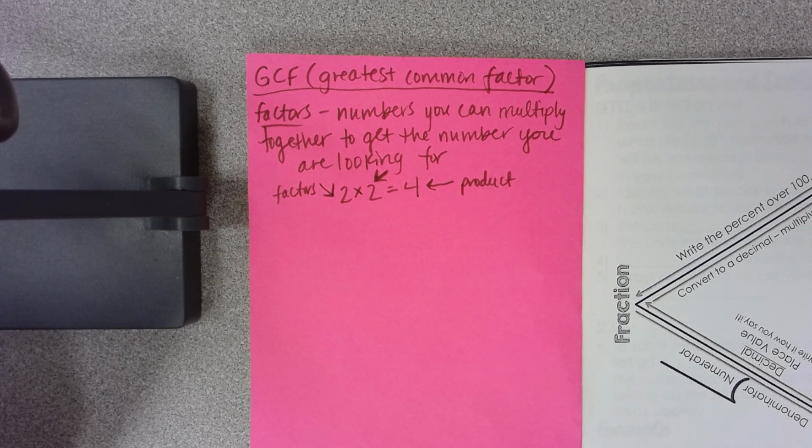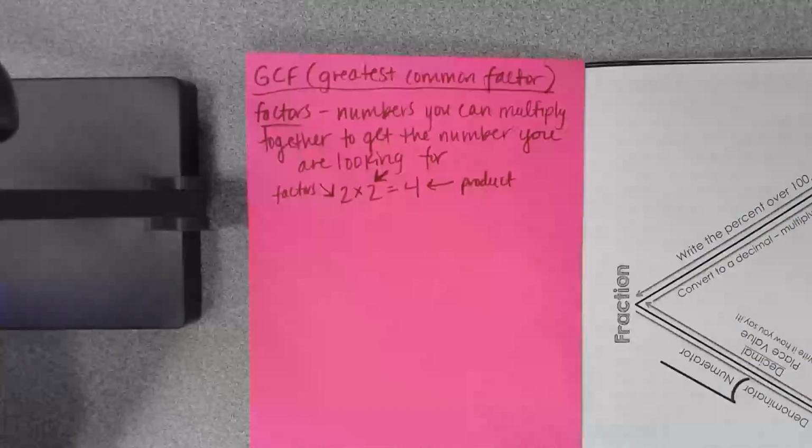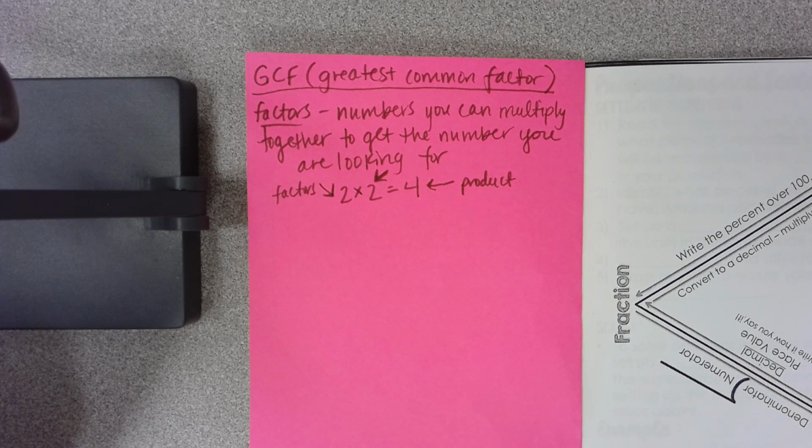Now, when you're finding the greatest common factor of something, you are going to be using two numbers to compare with each other and find what is not only a common factor that they have in common with each other, but is also the greatest number or the highest number that they have in common with each other.